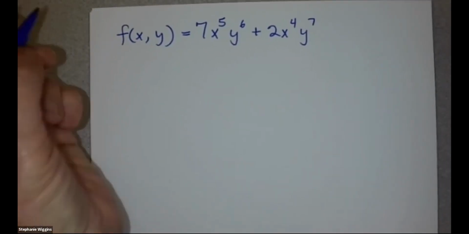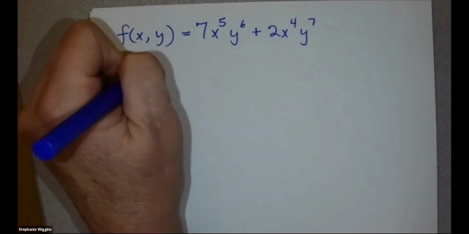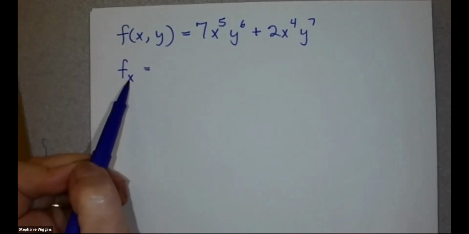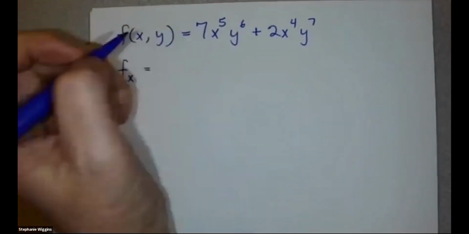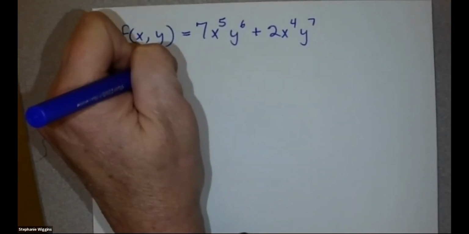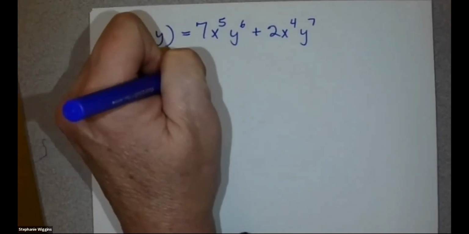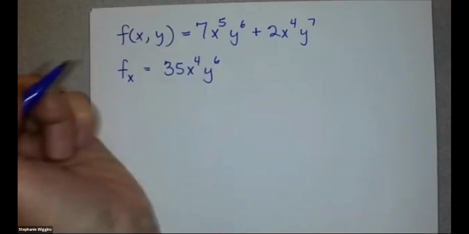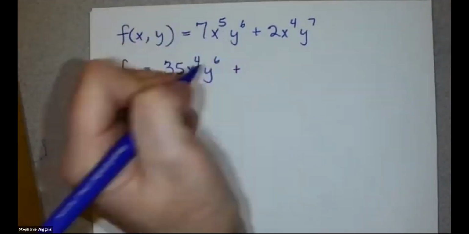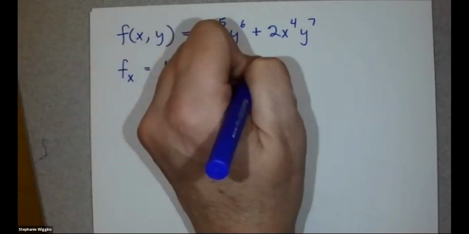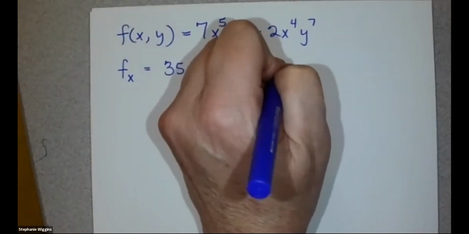So with respect to x, now I treat y as constant. So this becomes 35x to the 4th y to the 6th, plus 8x cubed y to the 7th.